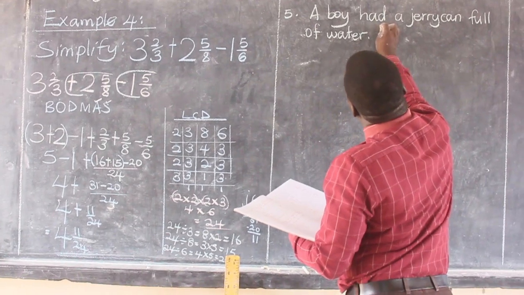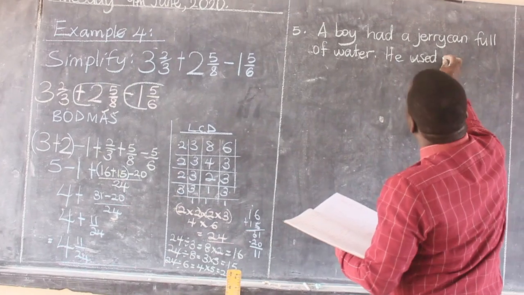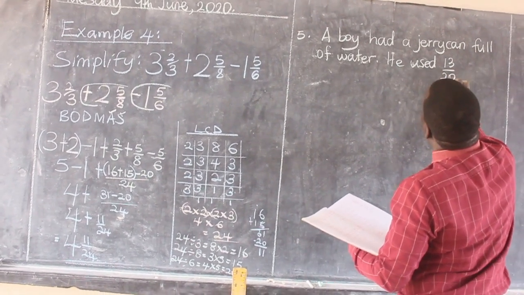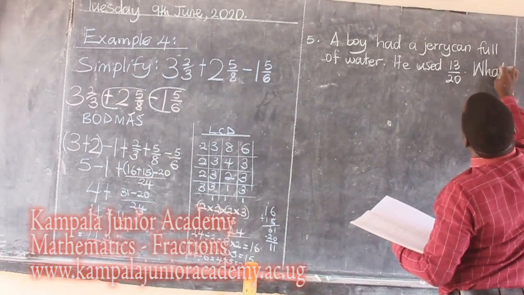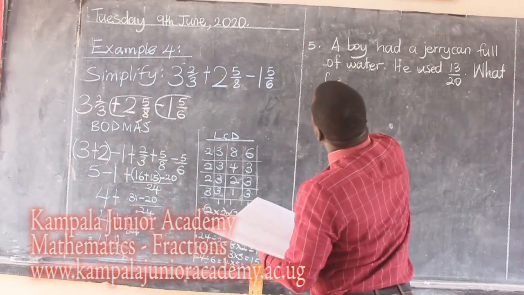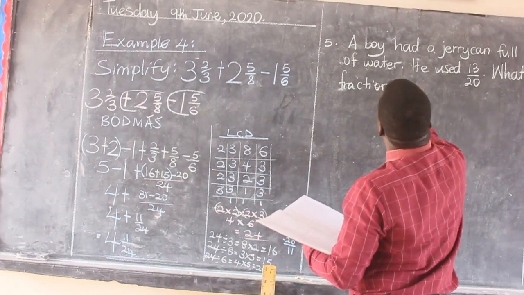Okay, he used 13 out of 20. Okay, what fraction remain?